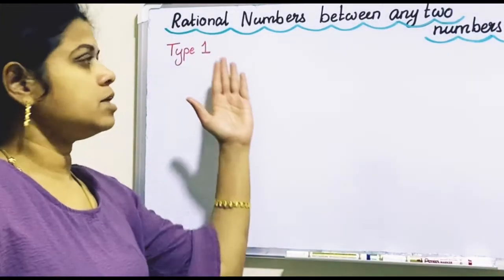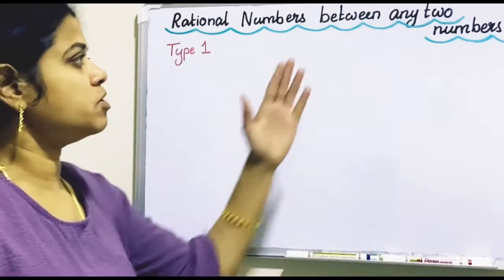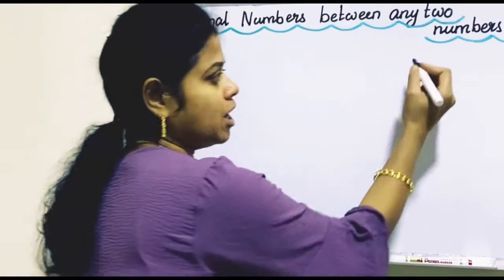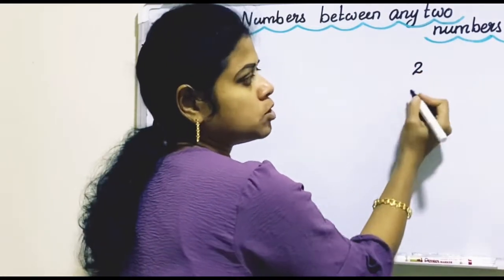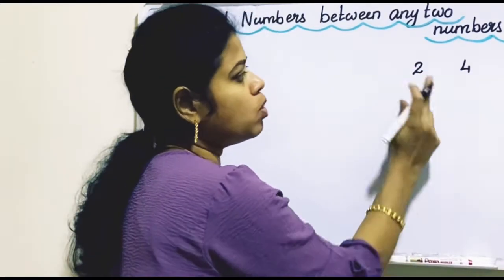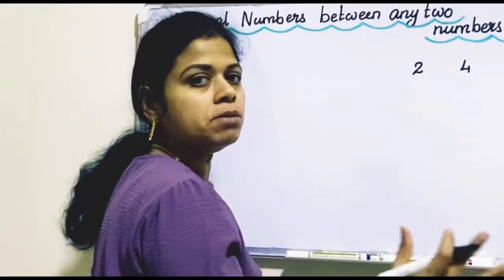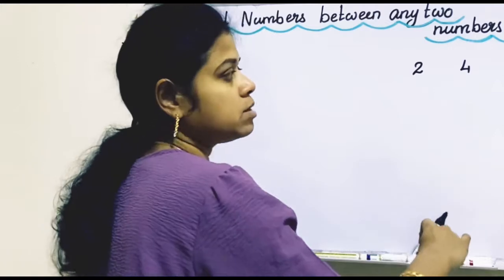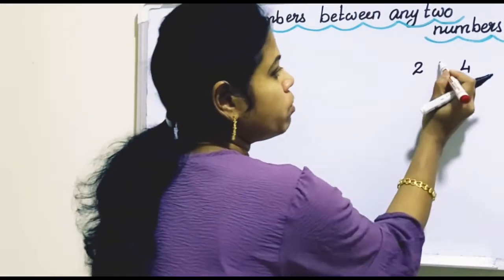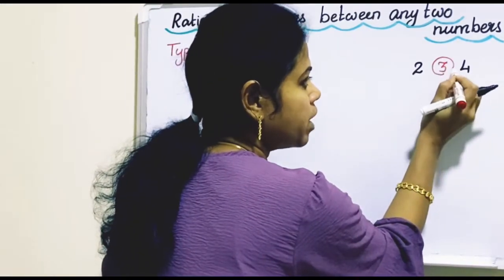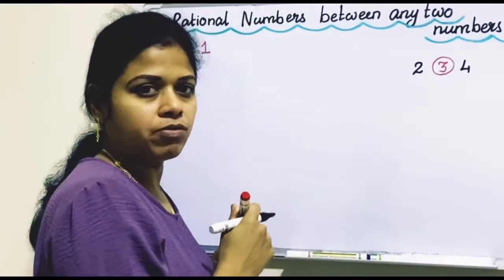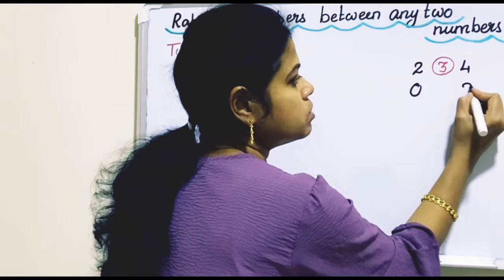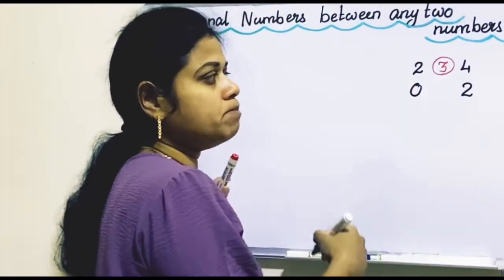Next, let's see how to list out the rational numbers between any two numbers. If you take the natural numbers 2 and 4, what is in between 2 and 4? Which natural number comes between 2 and 4? It's 3. What about whole numbers? Between the whole numbers 0 and 2, how many numbers are in between?